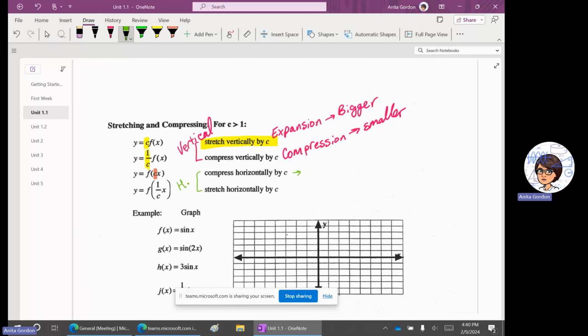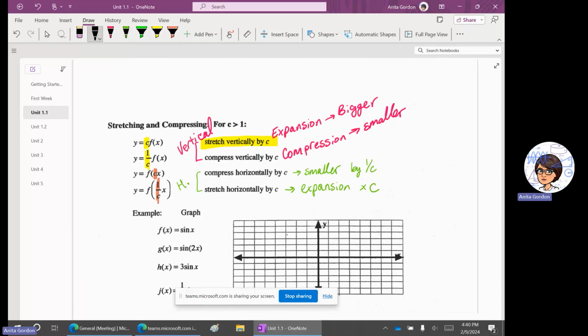This is a compression. That means it's getting smaller, and we are multiplying it by a factor of 1 over C. And here, because it is already 1 over C, we are looking at an expansion. So we're multiplying by C.